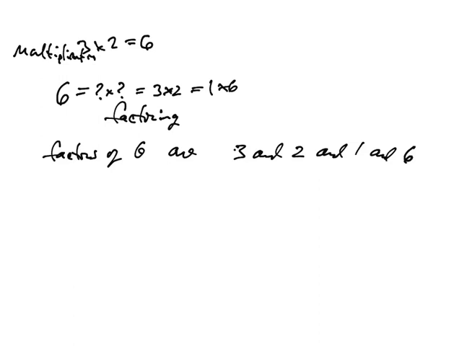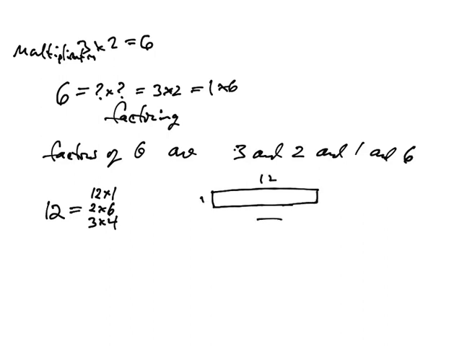Some numbers, like 12, you could write as 12 times 1, or 2 times 6, or 3 times 4. Sometimes in younger grades, they say make rectangles that have an area of 12.